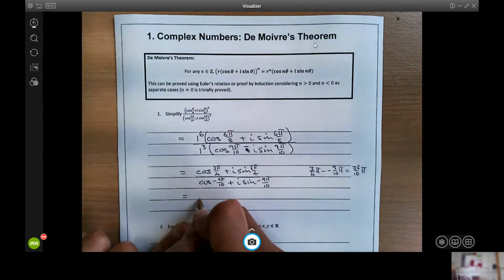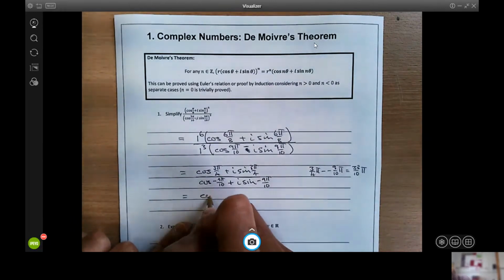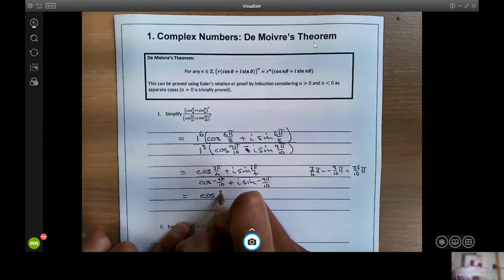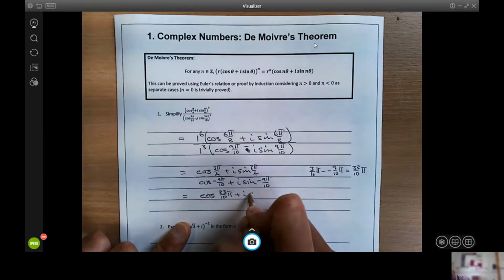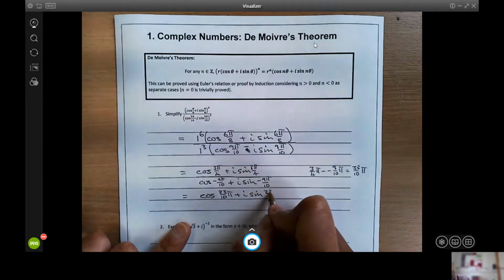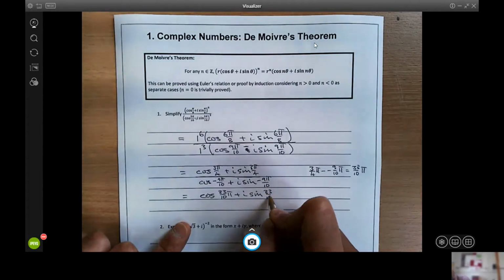Our modulus is 1, so we can leave that out. So this is cos(33π/10) + i sin(33π/10).